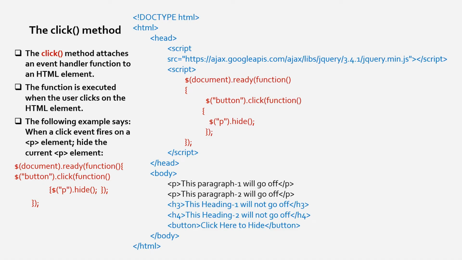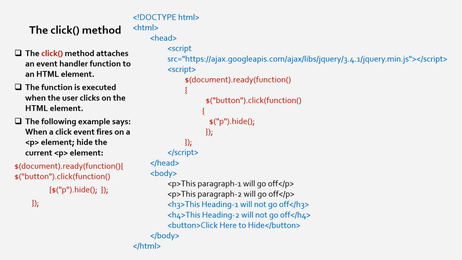Now we are going to discuss the mouse click event, the click method, and how we can use it. The function is executed when the user clicks on the HTML element. In jQuery we need to specify the element very clearly.